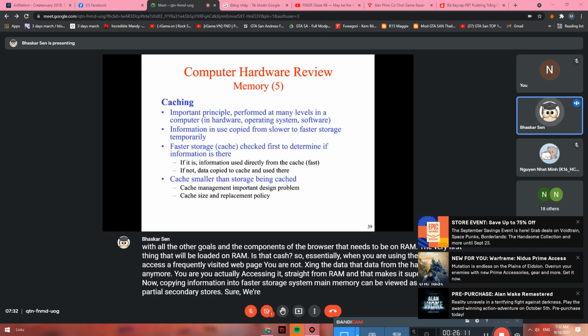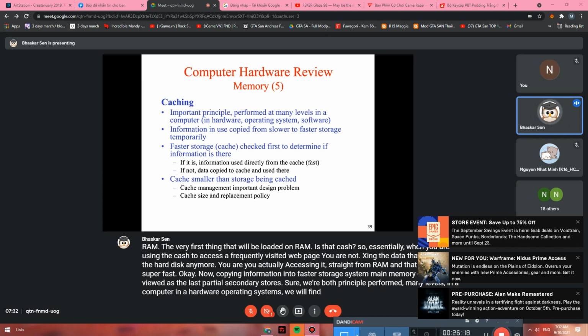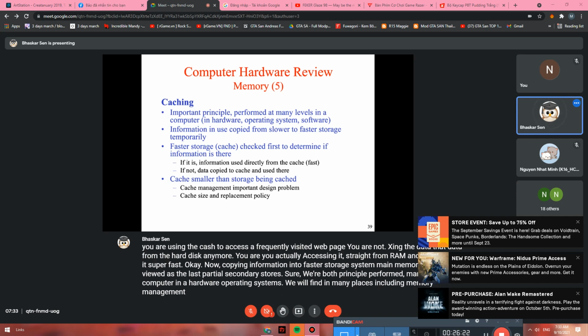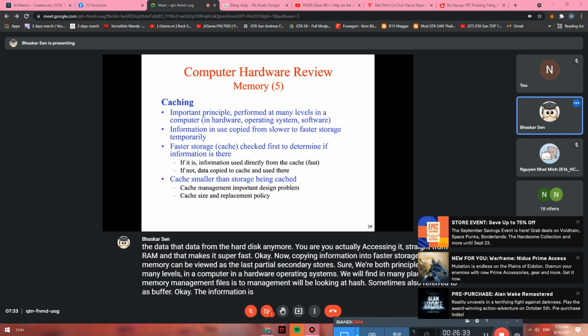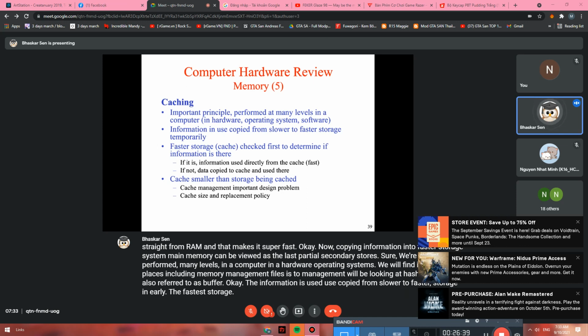This is an important principle performed at many levels in a computer, in hardware and operating systems. We will find it in many places, including memory management and file system management. We will be looking at cache, sometimes also referred to as buffer. The information used is copied from slower to faster storage temporarily. The faster storage is checked first to determine if the information is there.